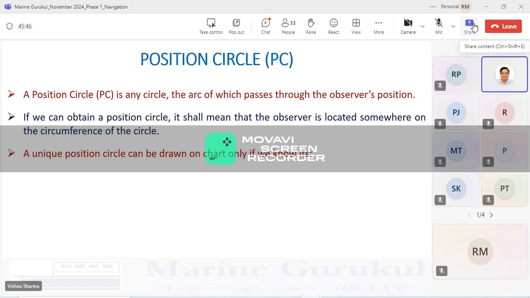Likewise, from geometry learnt in school, we know that if I give you a sheet of paper and ask you to draw a circle, everybody will draw a different circle. But if I want everybody to draw the same circle, then what do I need to tell you? I need to define the center of the circle and I need to define the radius of the circle.